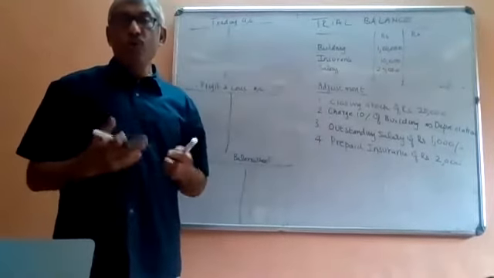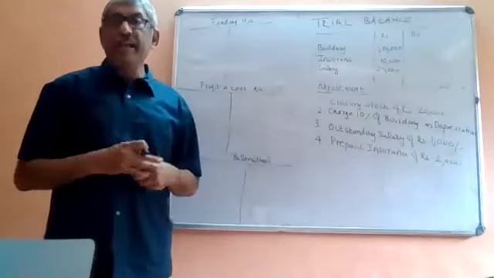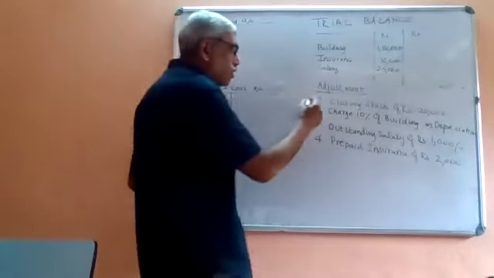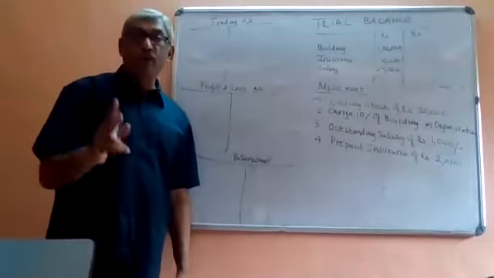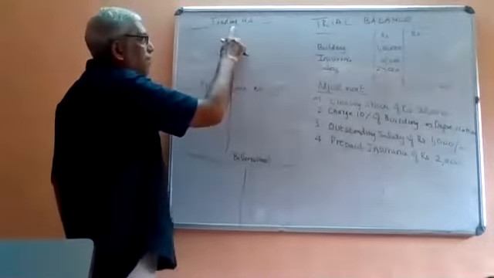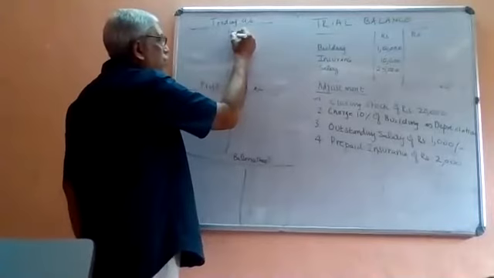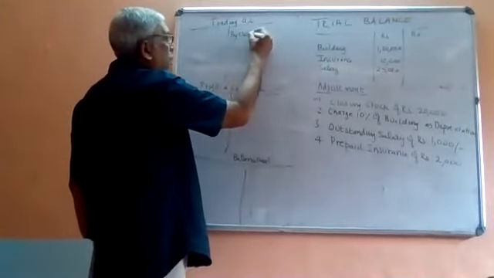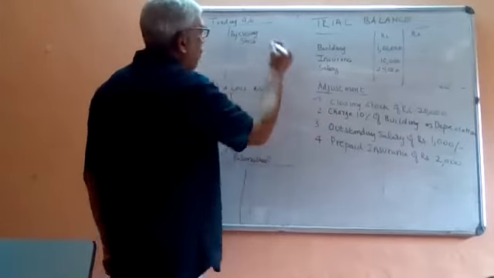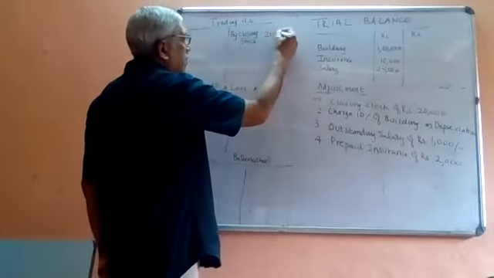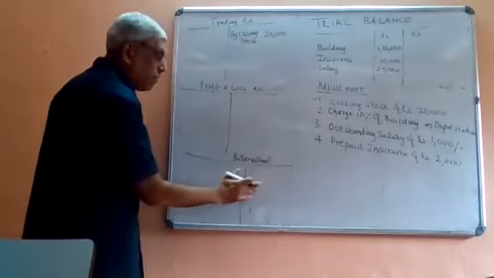So how to do that? Let us take the first adjustment, that is closing stock. The two places where closing stock comes are, one, on the credit side of the trading account, where the amount is 20,000, and second, on the asset side of the balance sheet.